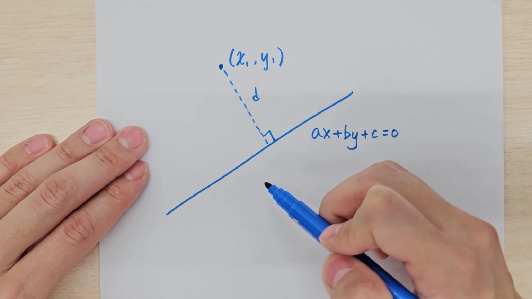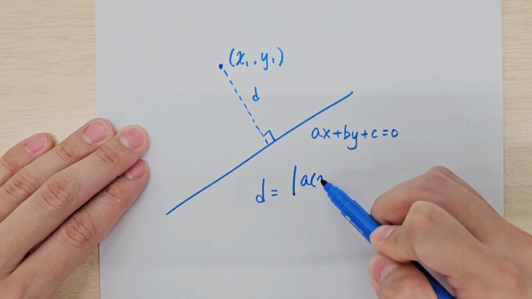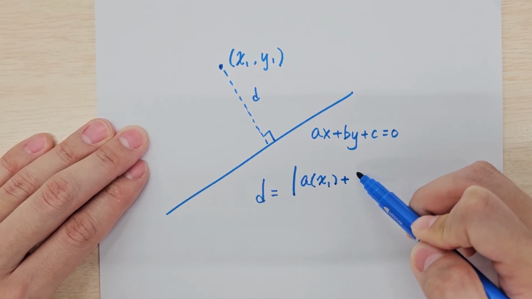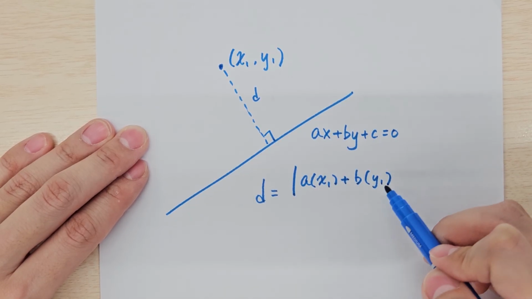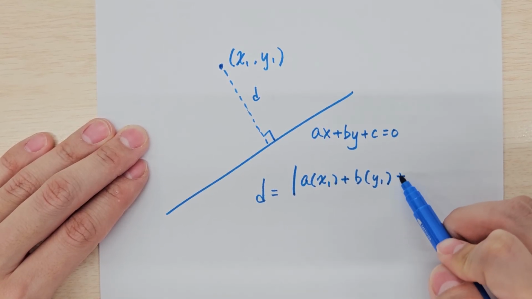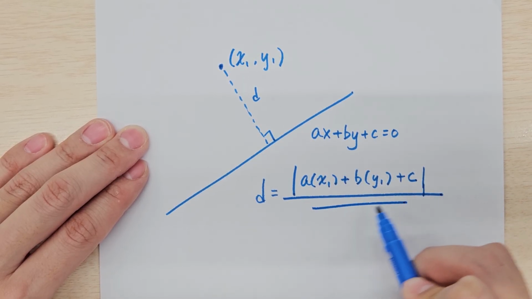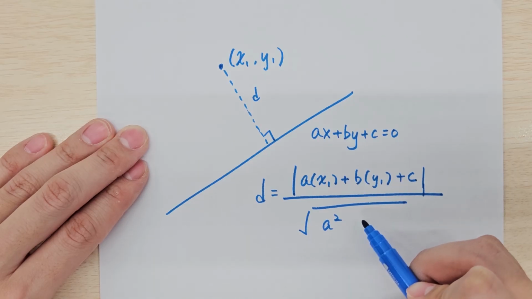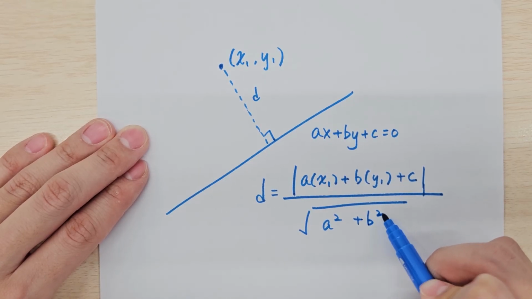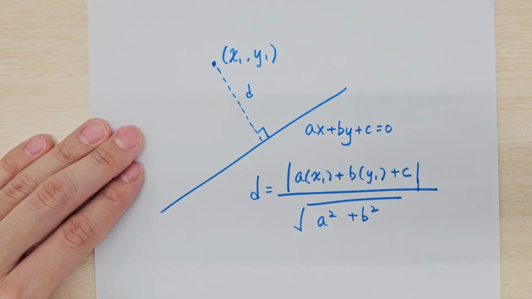So how can we find the distance d? Distance equals the absolute value of a times x1 plus b times y1, meaning you substitute x1, y1 into the equation, plus c, absolute value, divided by the square root of a squared plus b squared. Then you can find the correct answer.